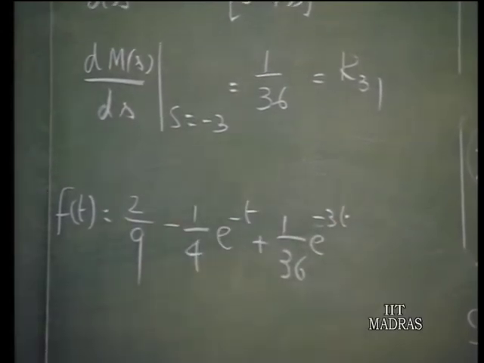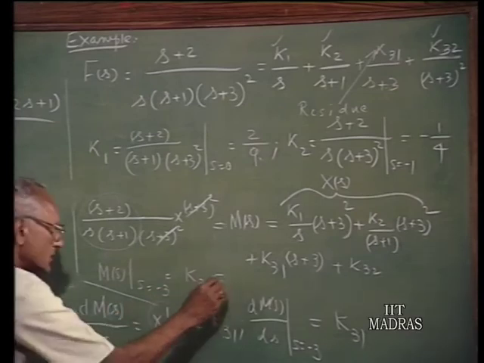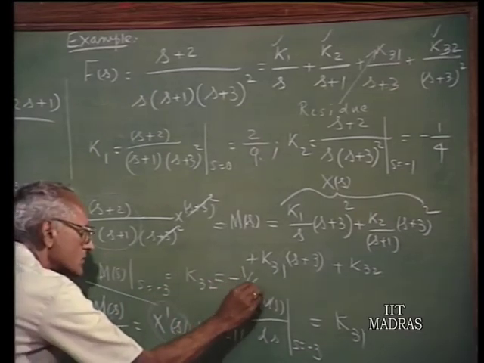and corresponding to k32 over s plus 3 whole squared, k32, which we have not worked out, is found when you substitute s equals minus 3 here, as minus 1/6. You can work this out, minus 1/6.